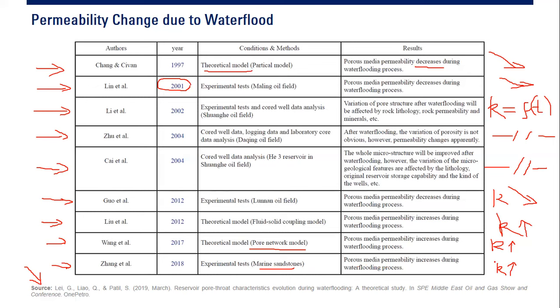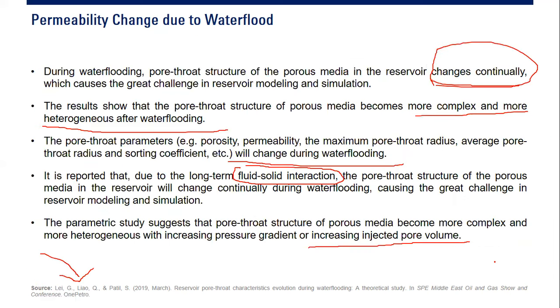So my point is, if you are currently evaluating a simulation and basically you say that permeability must be equal to the permeability based on log or based on core, I think using this information here, we can say that don't be too rigid on permeability. Don't expect that permeability will be constant.